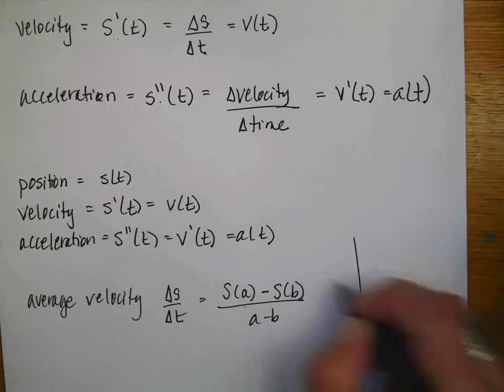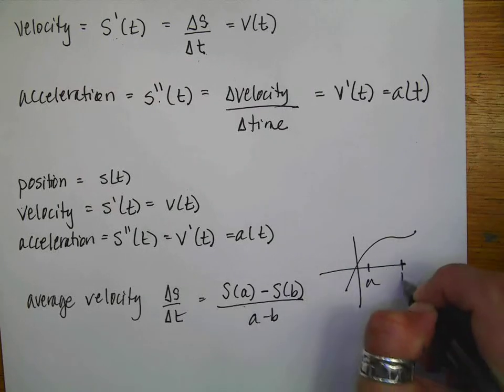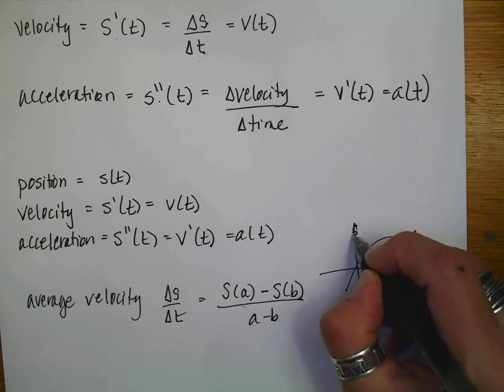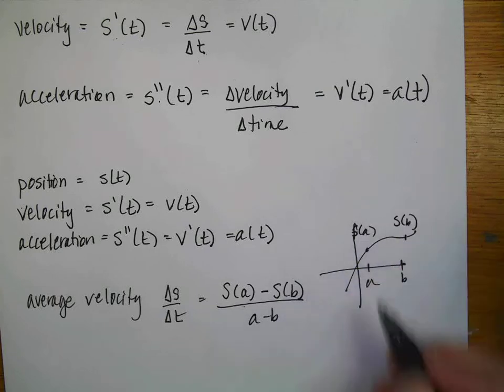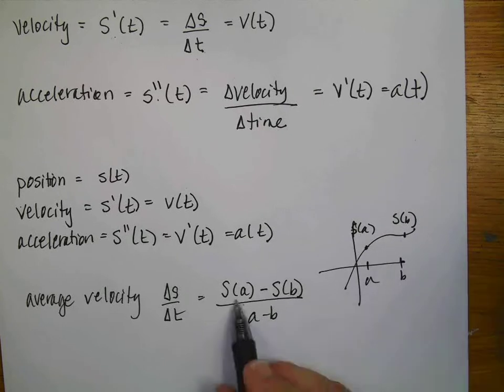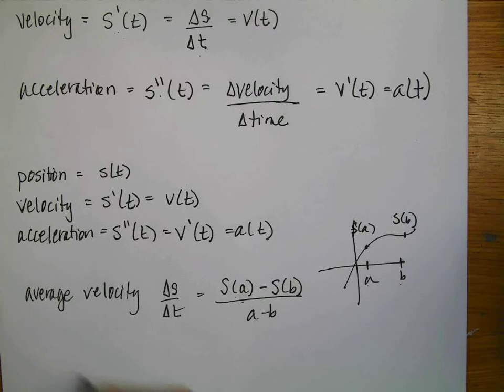Let's say I have a function, and I'm going from A to B, and this point here is s of A, and this point here is s of B. The average velocity from here to here is just the slope from A to B. So that's actually kind of cool.